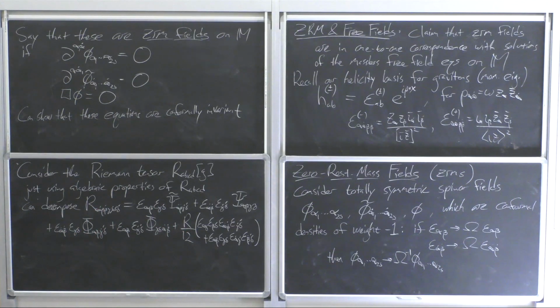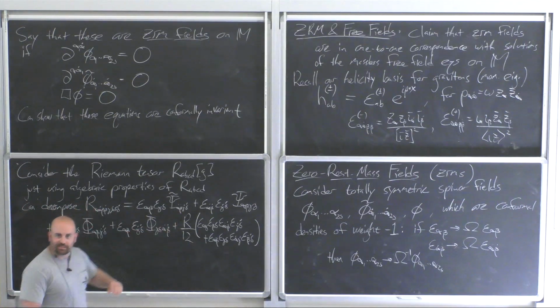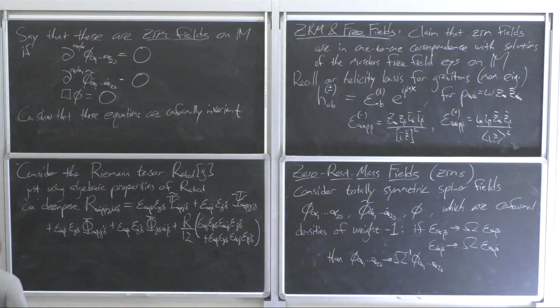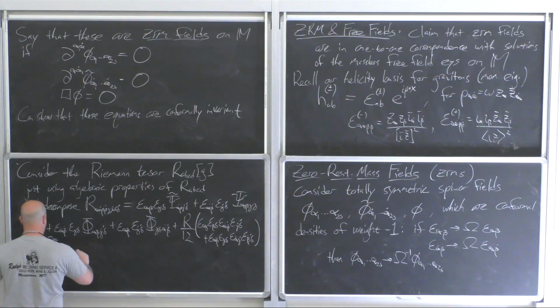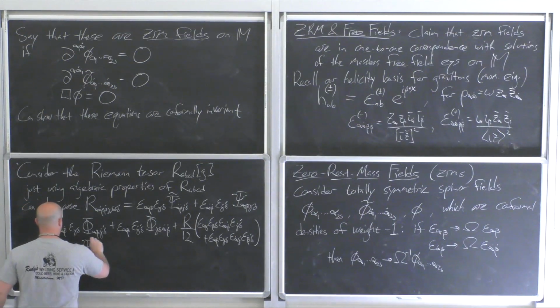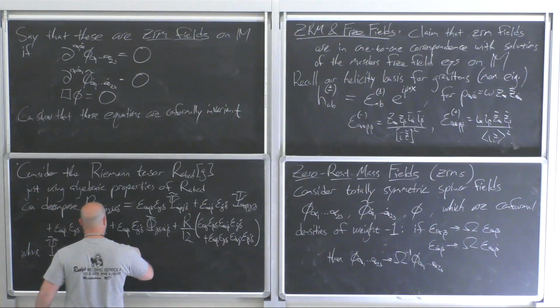So just using the algebraic symmetries of the Riemann tensor, you can decompose the thing into these SL2 irreducibles where these things psi twiddle and psi are totally symmetric.